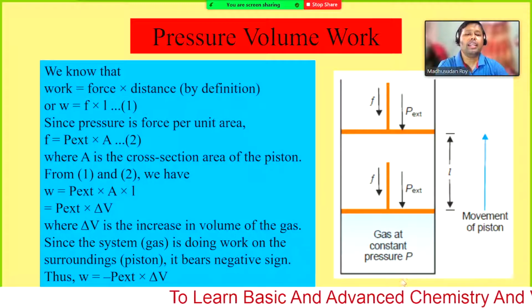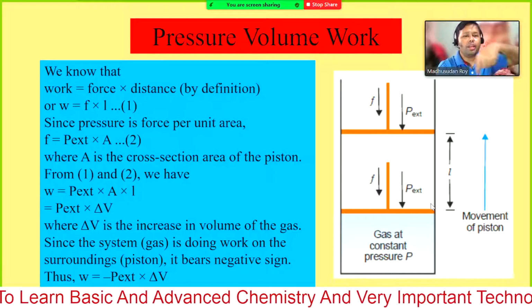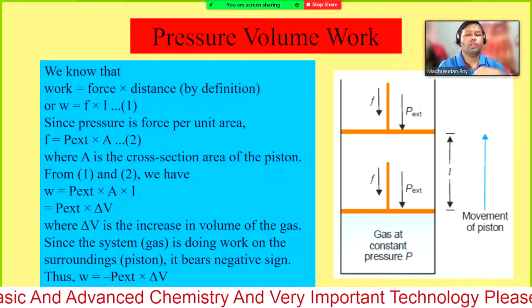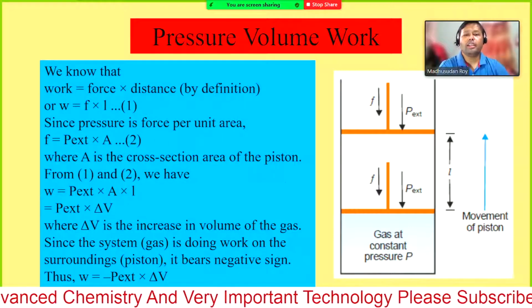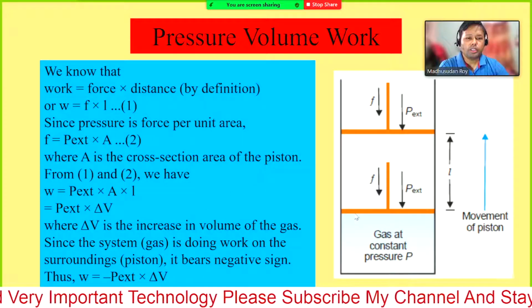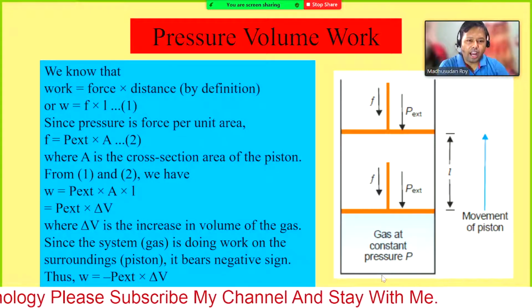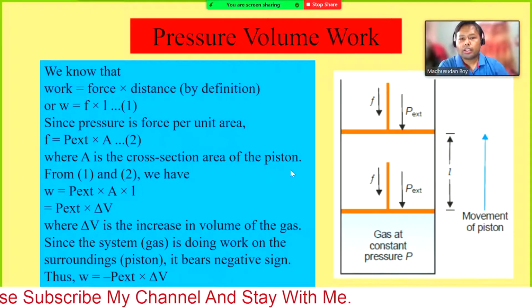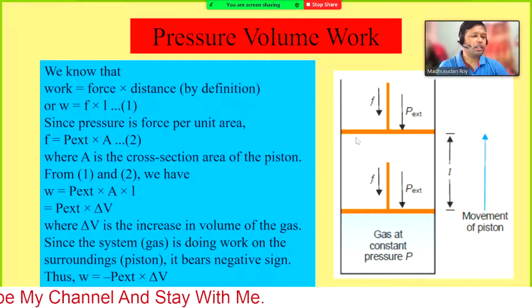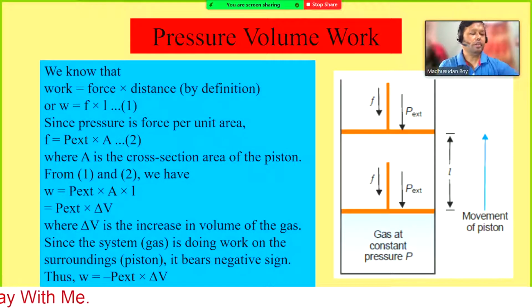This is a cylinder, so the piston should also be of cylindrical shape. So if you have a cylinder and a piston, then the surface area or the cross section, okay, last class I have shown you this one.